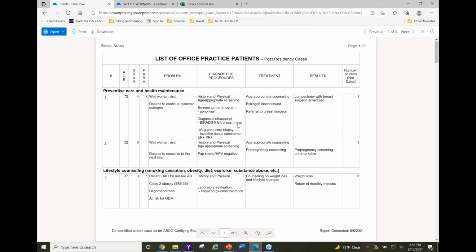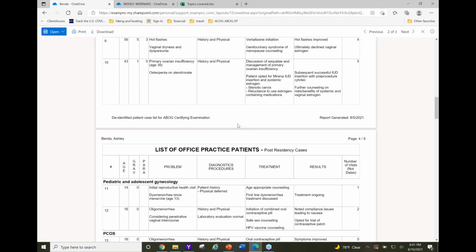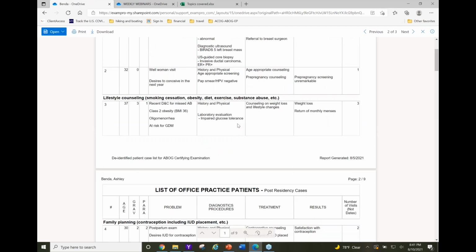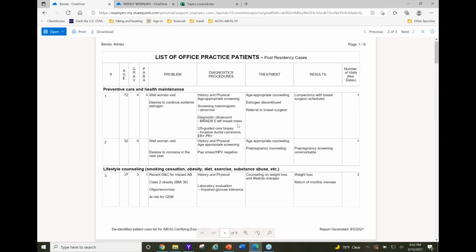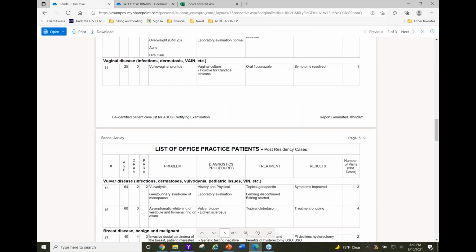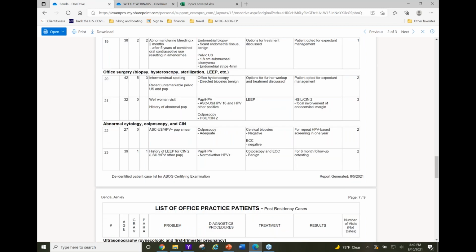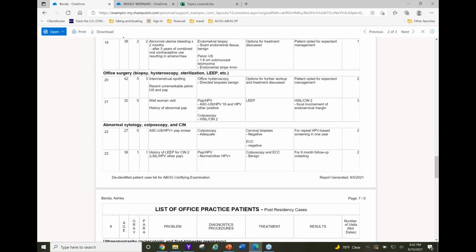So if there is a case that I'm interested in getting your feedback on and trying out, it's under breast disease, benign and malignant. And it would be a 72-year-old G4P4. Okay, let me find that here. It might be on page 6 or so. Oh, wait, hold on. You know what? Did I move it? Hold on.